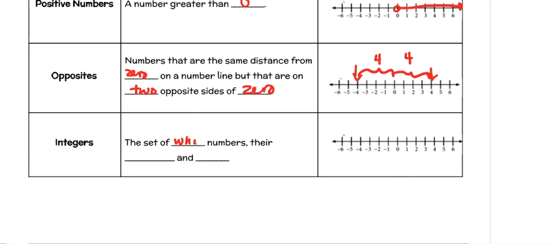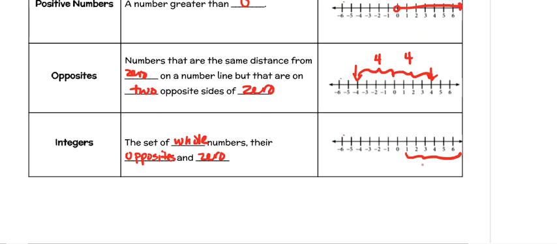Integers: the set of whole numbers, their opposites, and 0. Remember, whole numbers are 1, 2, 3, 4, 5, 6. No decimals, no fractions unless you reduce them. Like 12 over 3 is fine because that reduces to 4.